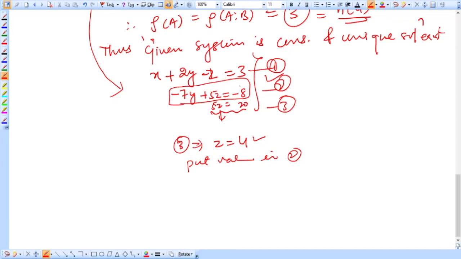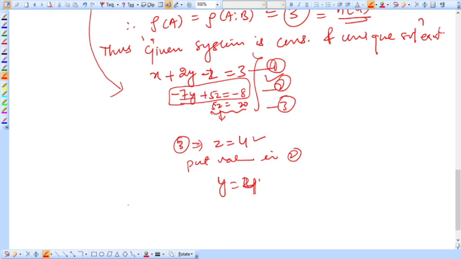So 20 you take to the right hand side, and in this way you will get minus 28 on the right hand side, and on the left hand side you will have minus 7y. Now in this way y is equal to minus 28 by minus 7, so y is also equal to 4.